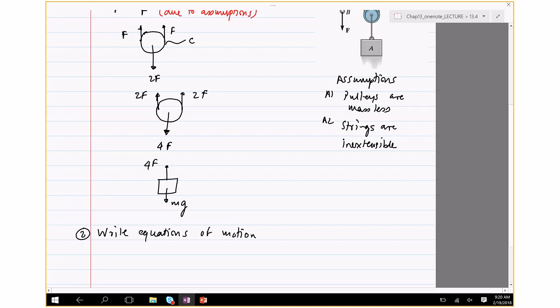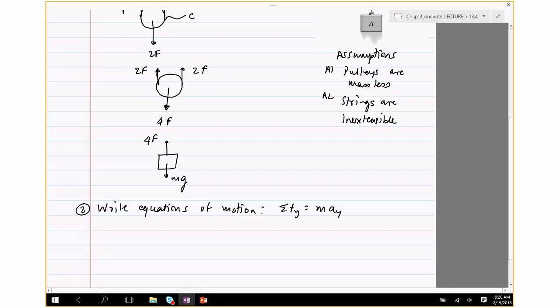There's no motion in the x-axis, so it makes no sense to write the equation in the x direction. So I'm going to write sum of Fy equals ma. That is all the external forces: mg acting down minus 4F is ma, which is m d squared y by dt squared. Okay, so I made an assumption here that is not right.